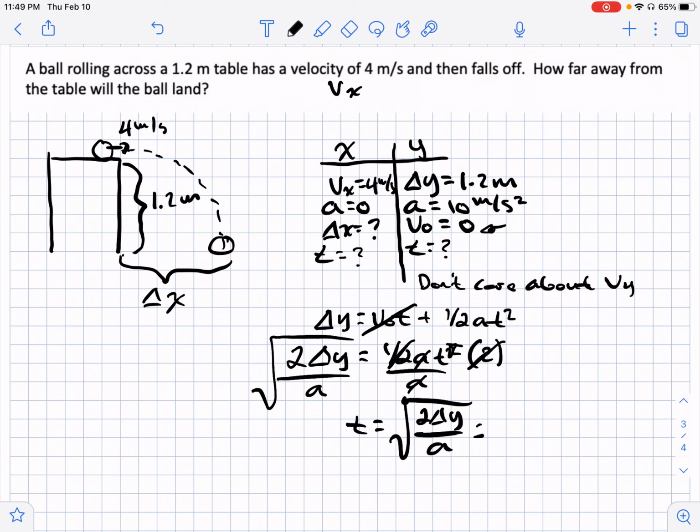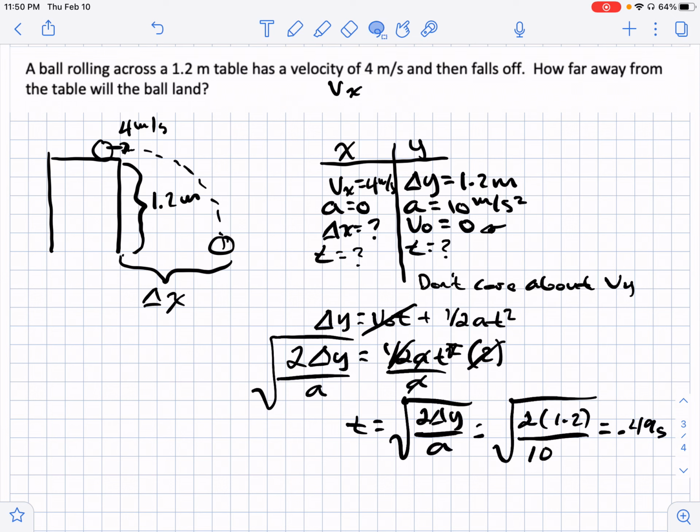Now we can substitute and solve. So 2, and our delta y there was 1.2, divided by 10. And when you plug that in, you should get 0.49 seconds.